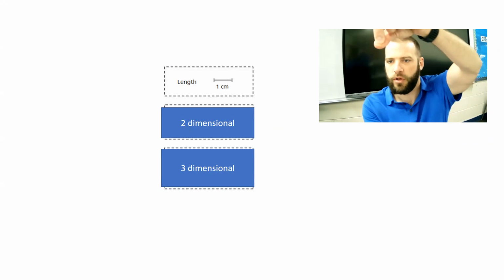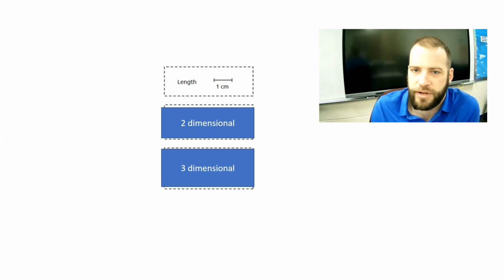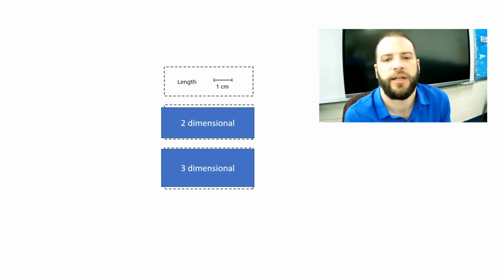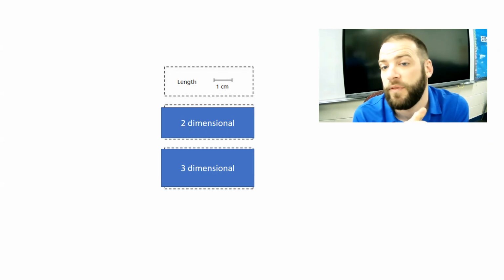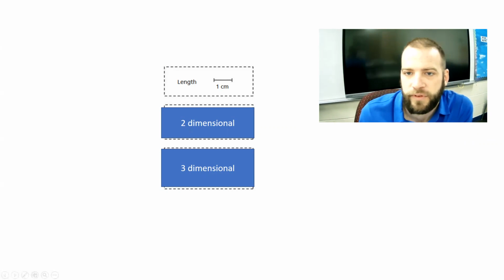If you say how many miles it is from here to Traverse City, that's a length. An example of length right here on the screen would be from here to here, a one measurement, a one dimension, a length.